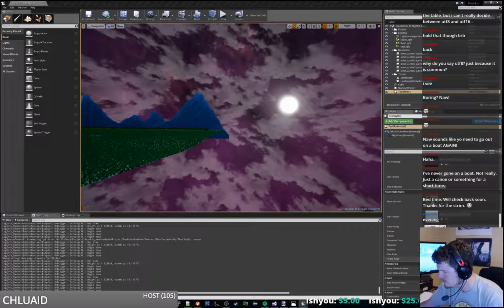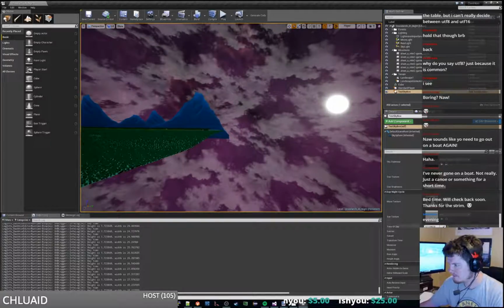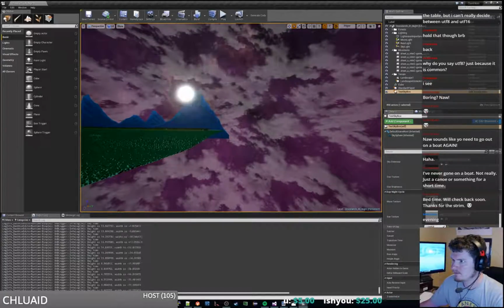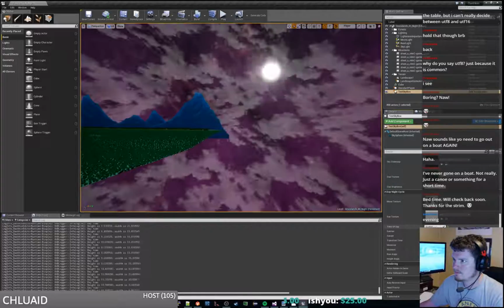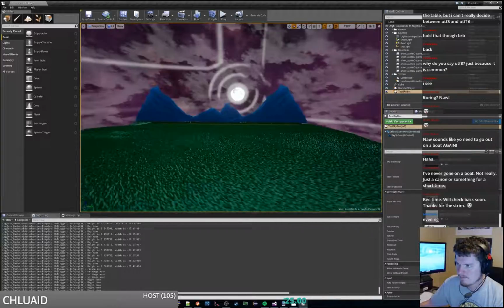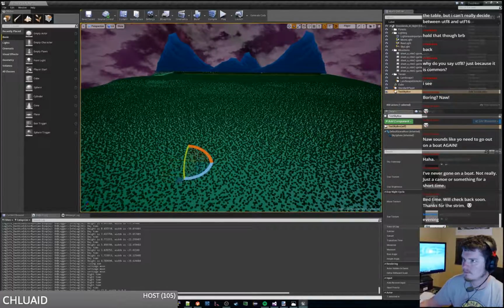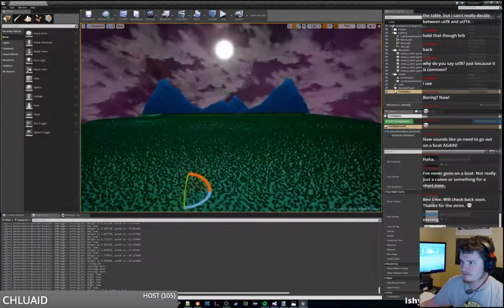The height at which the sun... Alright, so we'll put that at 30. So it kind of goes like that. So that's noon.